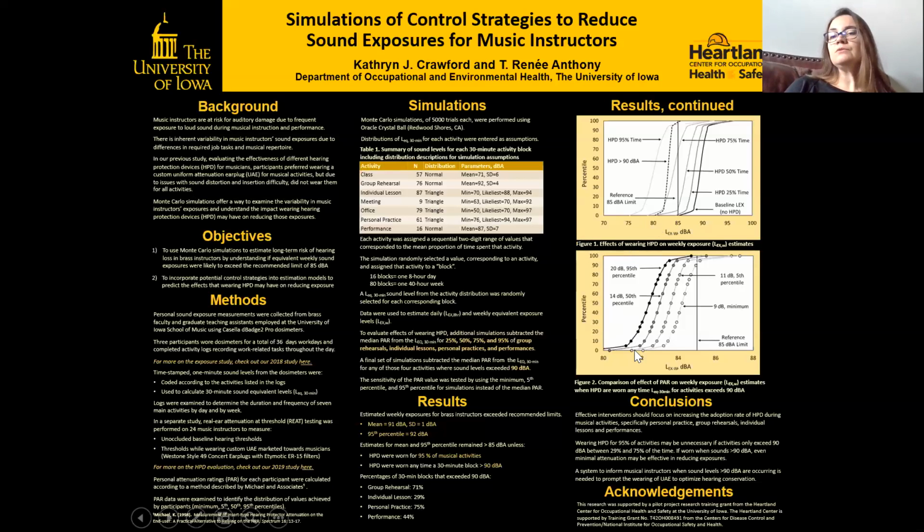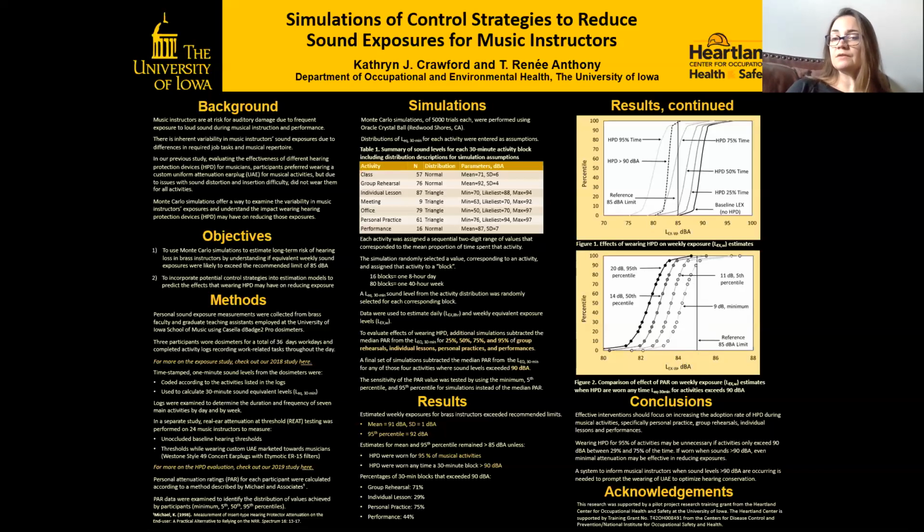And then figure 2 shows, again, if we keep the simulation set to wear hearing protection anytime it's above 90, we can see that if we adjust the attenuation, even if someone is achieving minimal attenuation with these plugs, wearing them at those most important times is really still doing a good job in keeping exposures below recommended limits.